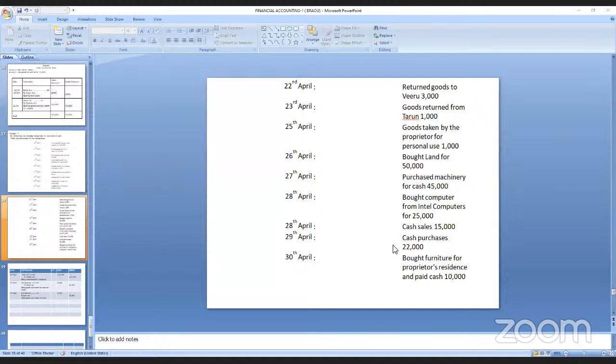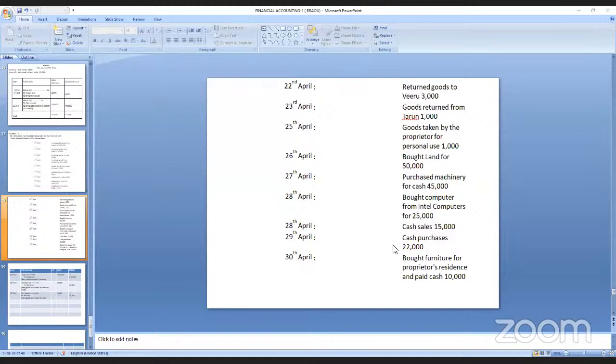26th one, bought land for 50,000. Bought means purchases account debit to land account. Bought land for rupees 50,000, you can write purchases account debit to cash account. Yes. So if it is an asset, you can write purchases account debit to asset account.